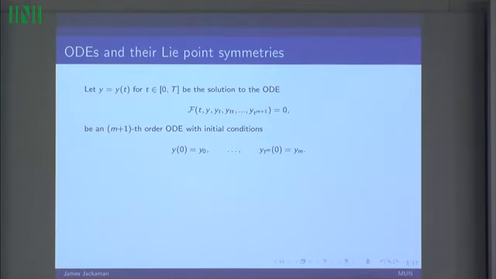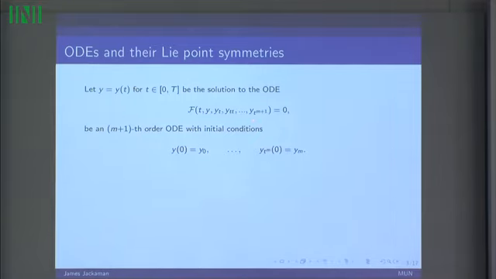Right, so we'll start off on a maybe too basic level by introducing what an ODE actually is. We have time in some interval [0, T], and we say that y, which is a function of time, is a solution of an ODE if this function curly F is equal to 0, where this function depends on t, y, and y's derivatives up to some fixed order.